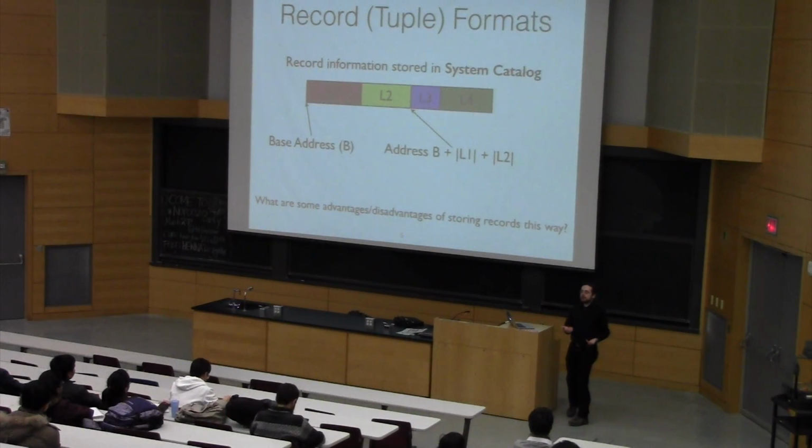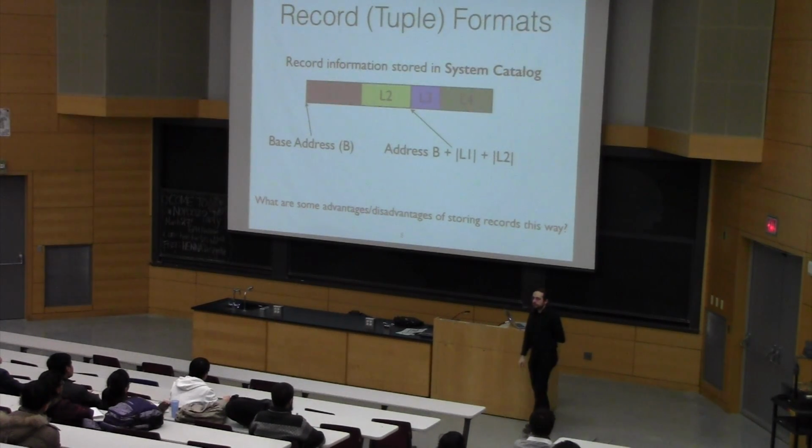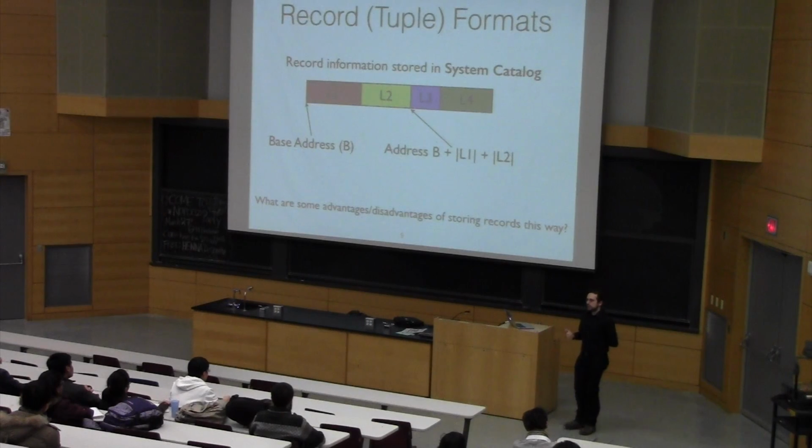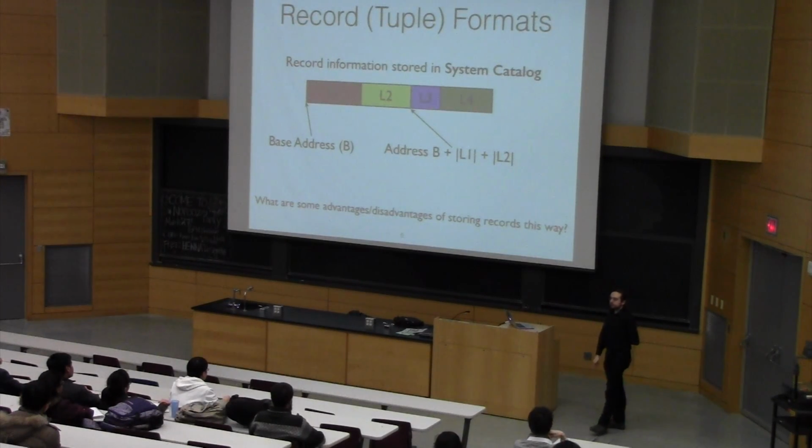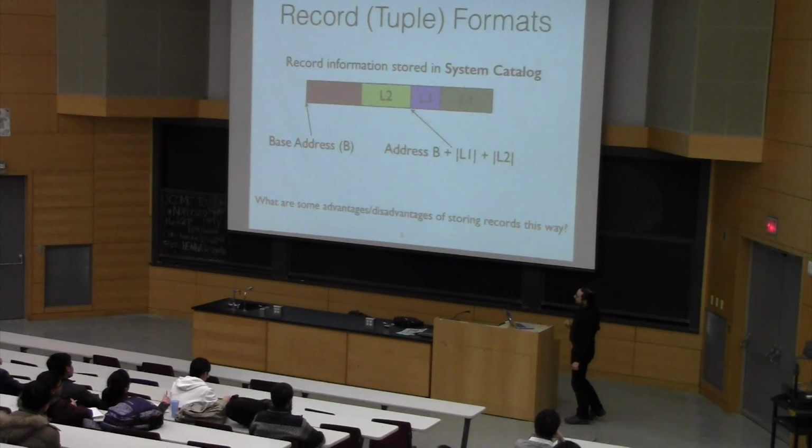Is there anything in between? So what's getting us the performance advantage with this layout? Fixed size. So how does the fixed size help us? Right, we don't need to scan the entire tuple to find where a given record begins.